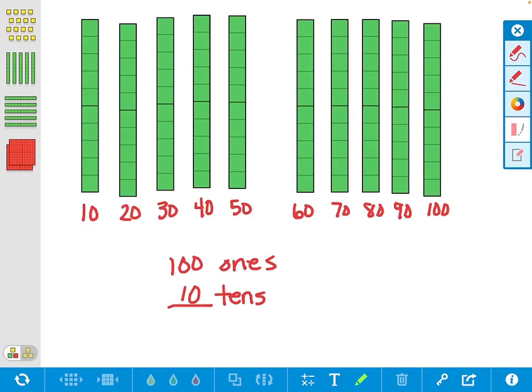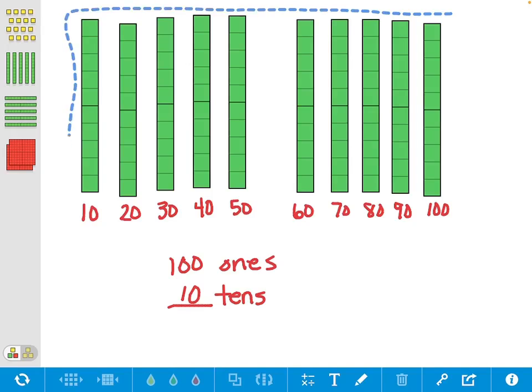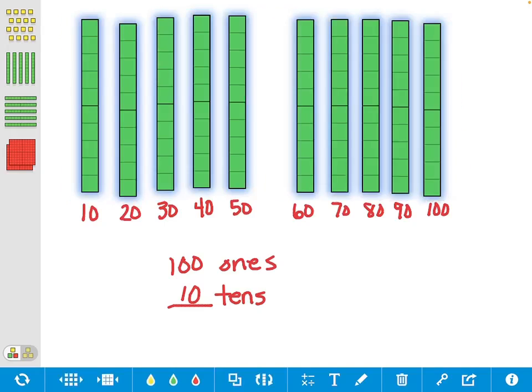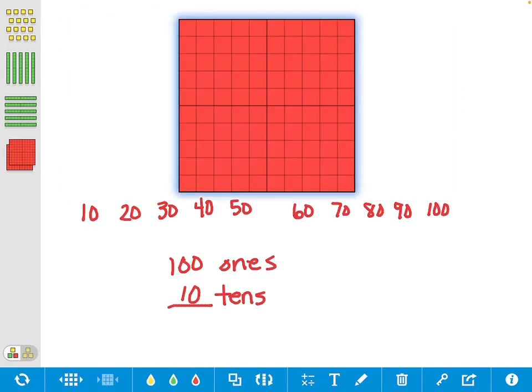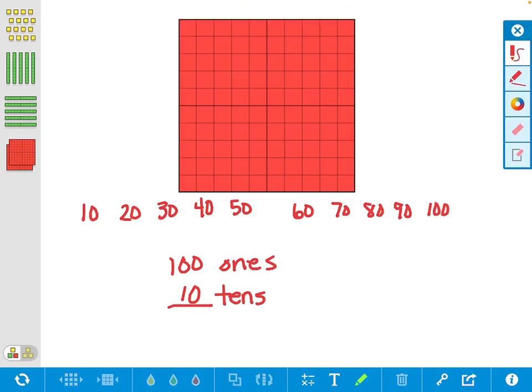If I have 10 tens, guess what happens when I put these all together? If I take these 10 tens and I put those all together, look what I get. I get 100.